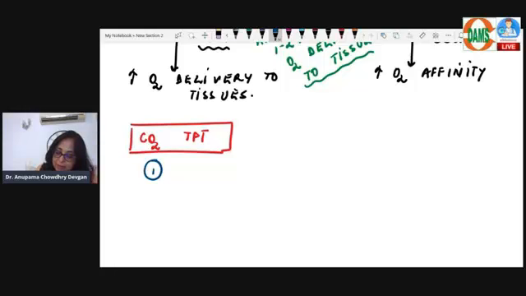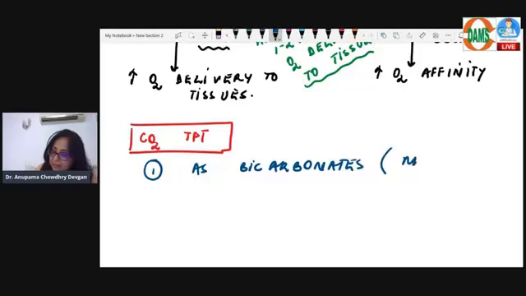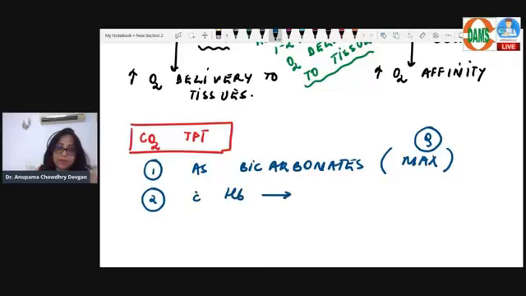Number one, maximum will be as bicarbonates. CO2 is maximally transported in the form of bicarbonates. Number two, with hemoglobin to form carb-amino compounds, right?